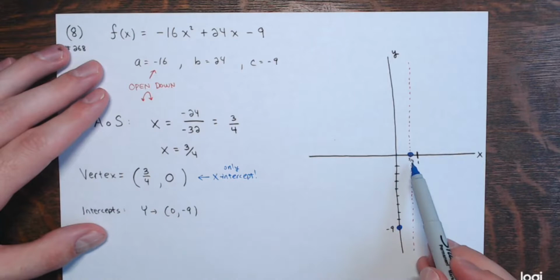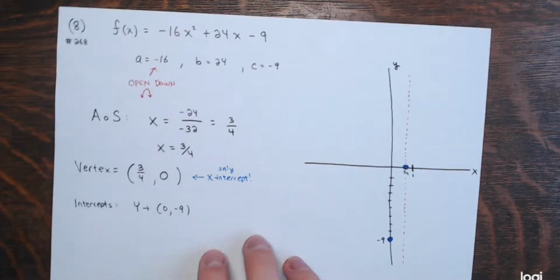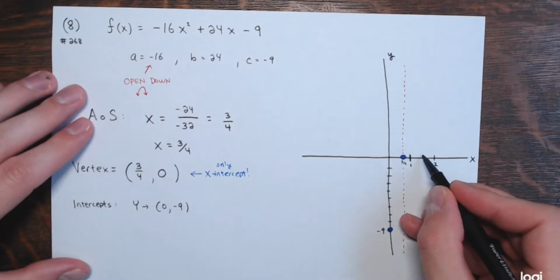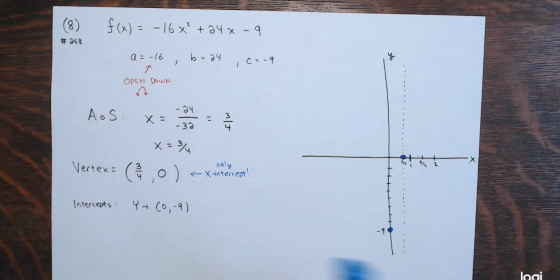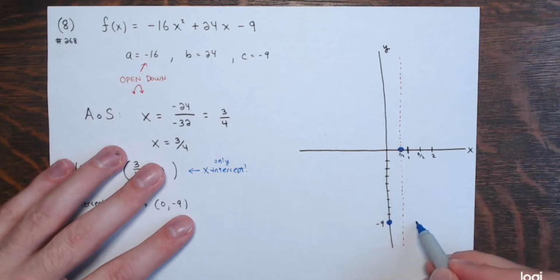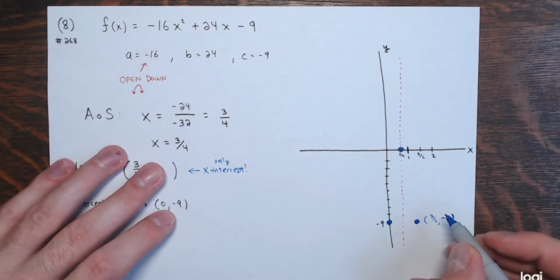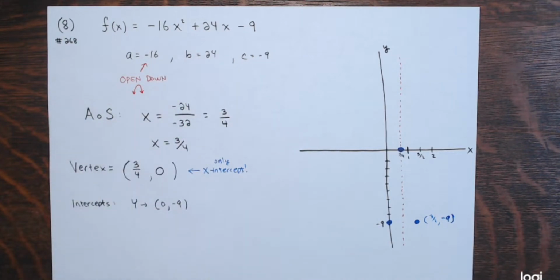So then I go to the right another 3/4, which would take me to 6/4, which is 3/2, 1.5. So here's 1, here's 2, here's 6/4, or 3/2. Right, that's where the other point on the other side will be when I reflect 0, -9 across the axis of symmetry. This point here is the point 3/2, comma, -9. I leave it to you to check that if you wish. Plug in 3/2 for x and you'll see that you get an output of -9.